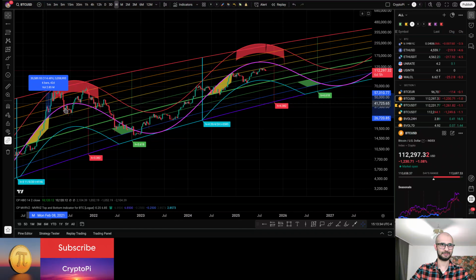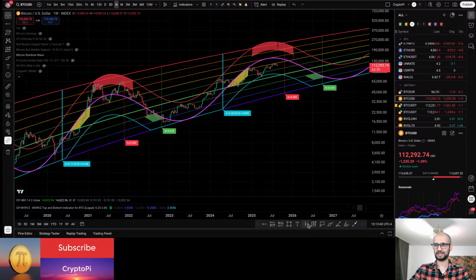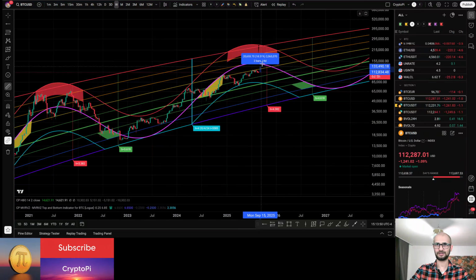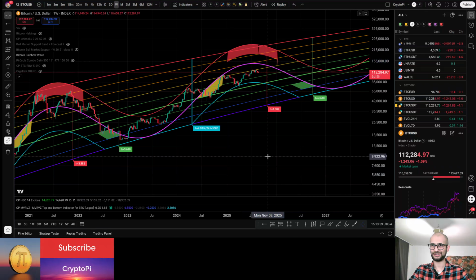And if you look at some patterns in previous years, this kind of rallies were even larger. So assuming that this kind of rally does happen in the coming months, it would be somewhere from here, the bottom of the zone, 60%, 64%. So it's not a lot for Bitcoin's price to reach.